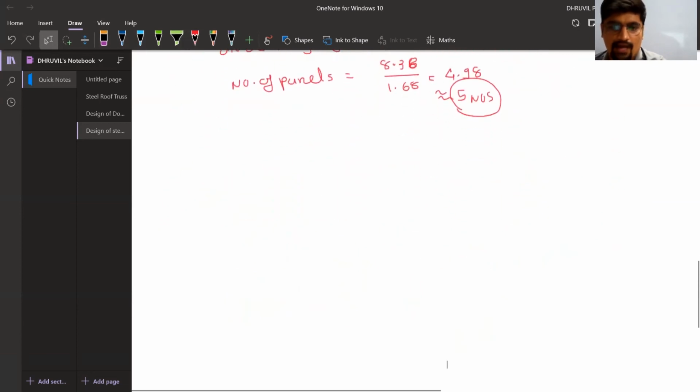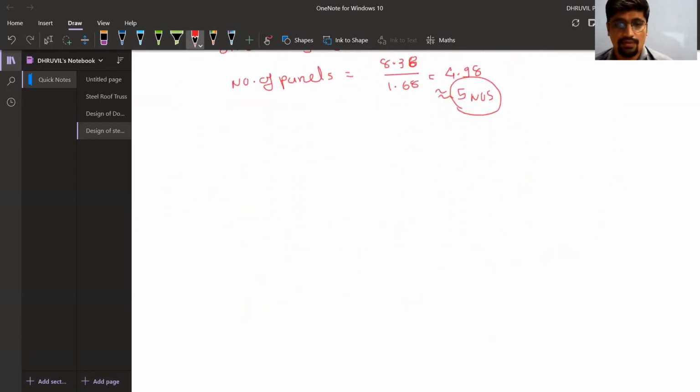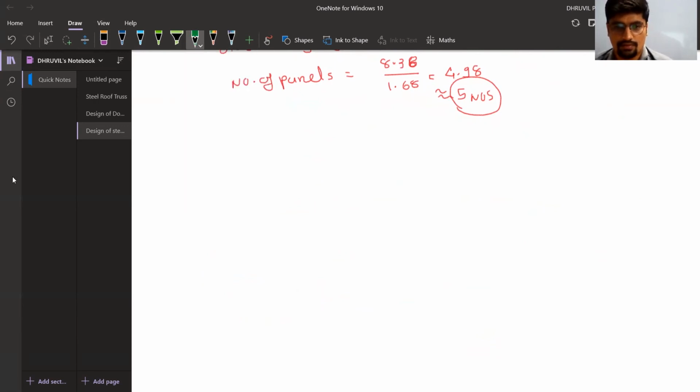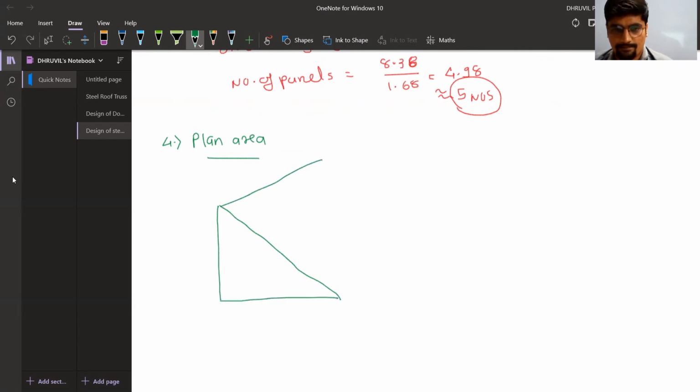Moving forward to the plan area. What will be the plan area? If we take a half truss like this, the backside will be like this.